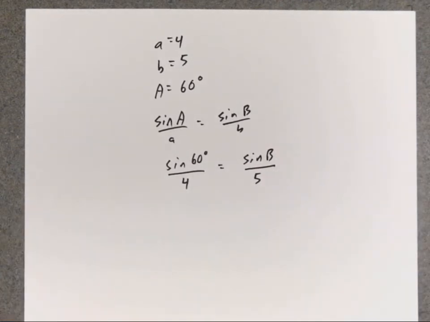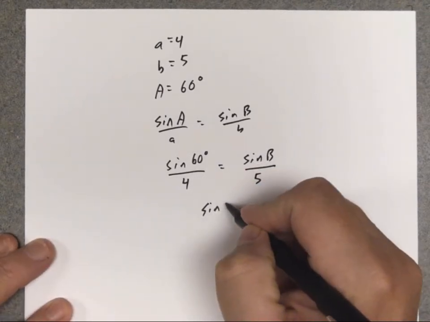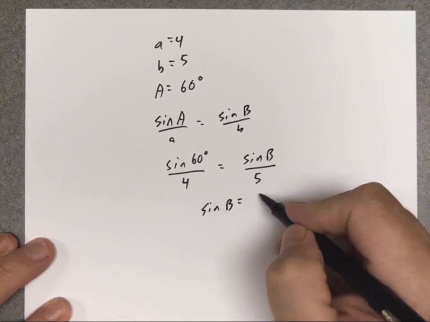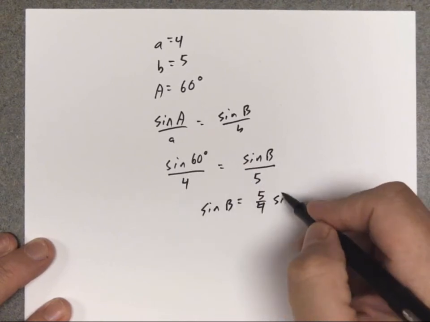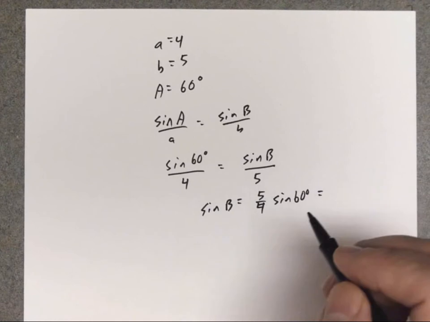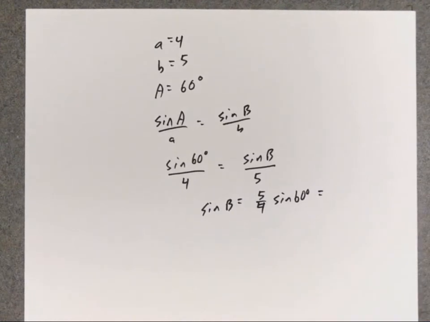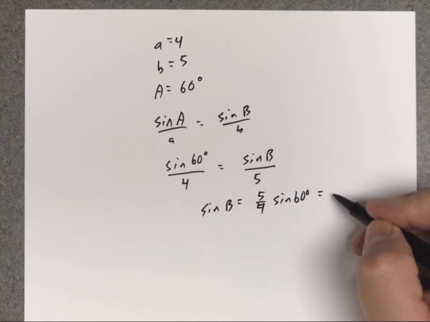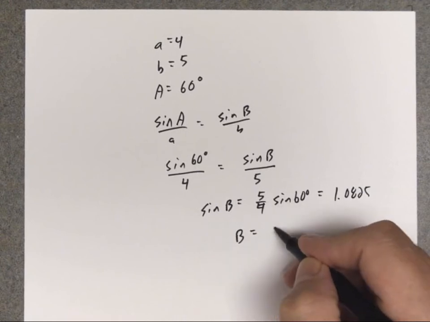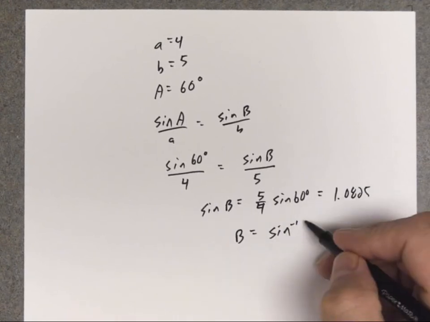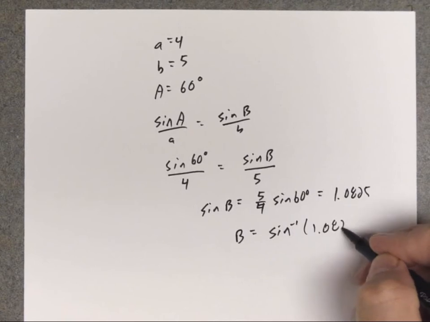All right, so here's an equation to figure out angle B. So sine B is 5/4 times sine of 60 degrees. So sine 60 is, 5 divided by 4, let's go 1.0825, just to make it 1.08. Now B, of course, would be the inverse sine of 1.0825.